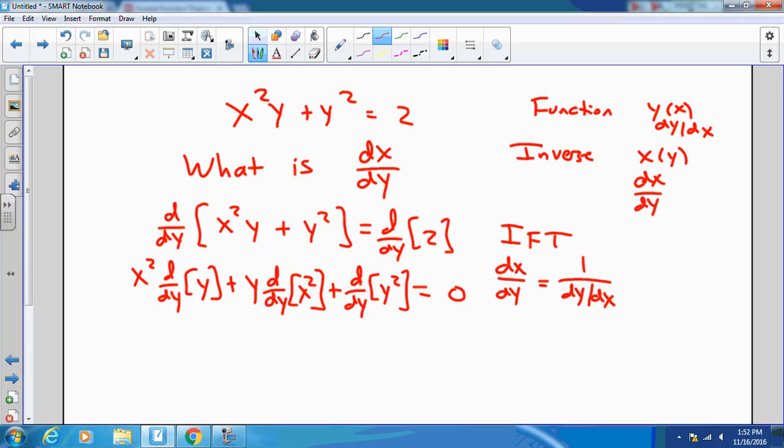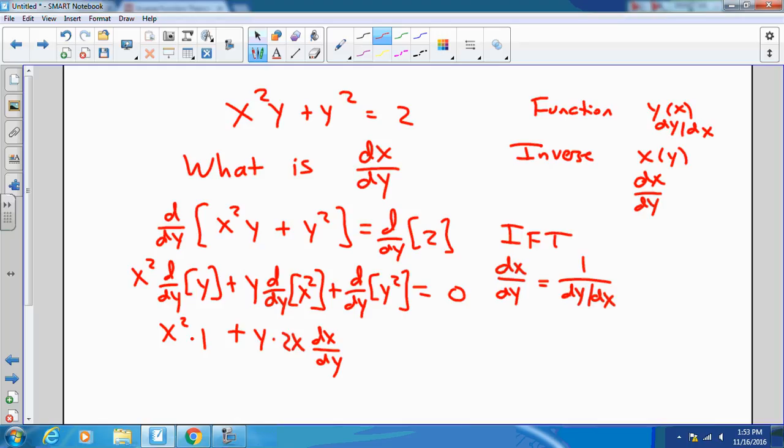But now watch what happens. The derivative with respect to y of y is 1. But the derivative with respect to y of x squared is 2x times dx dy. See how convenient that is?